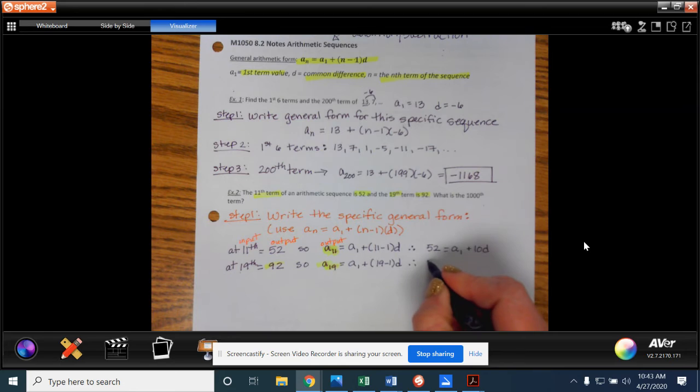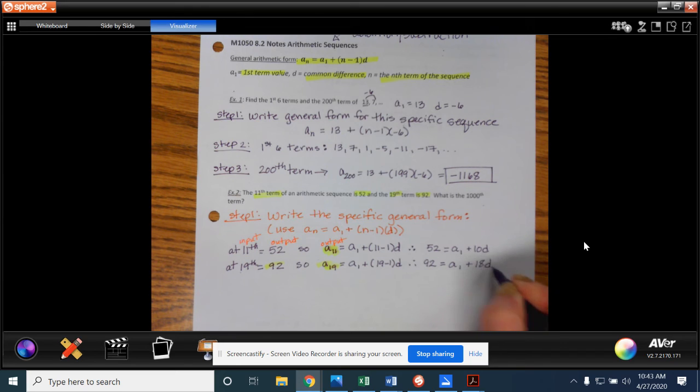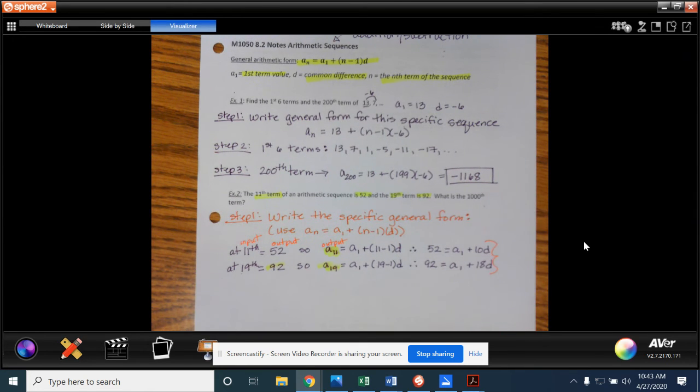I have 92 equals a of 1 plus 18d. Now remember, I still have to find d, but look at my equations. Here we go. I have these two items.